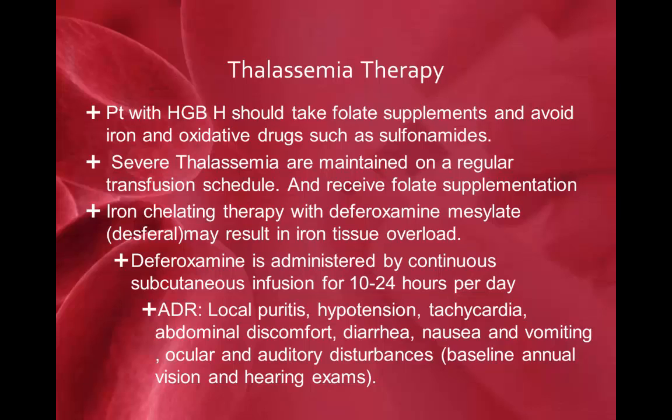Okay, the therapy is sometimes splenectomy because remember these patients go into autosplenectomy and excessive working of the spleen, because it's in charge of getting rid of all the red blood cells that are hemolyzed or malformed. Sometimes RBC transfusion and chelation therapy.